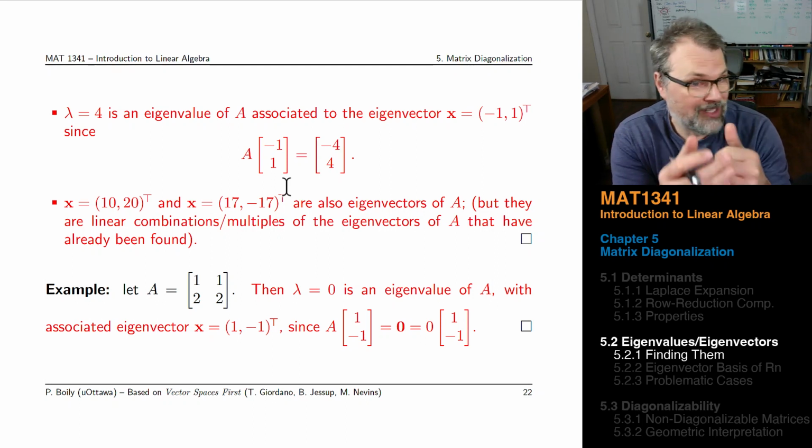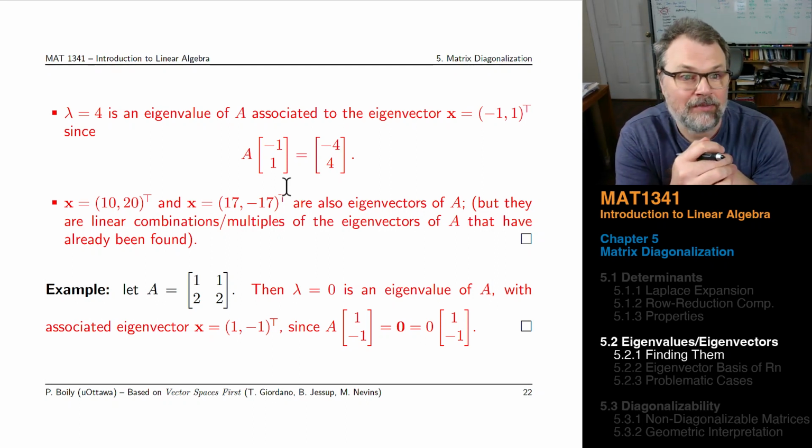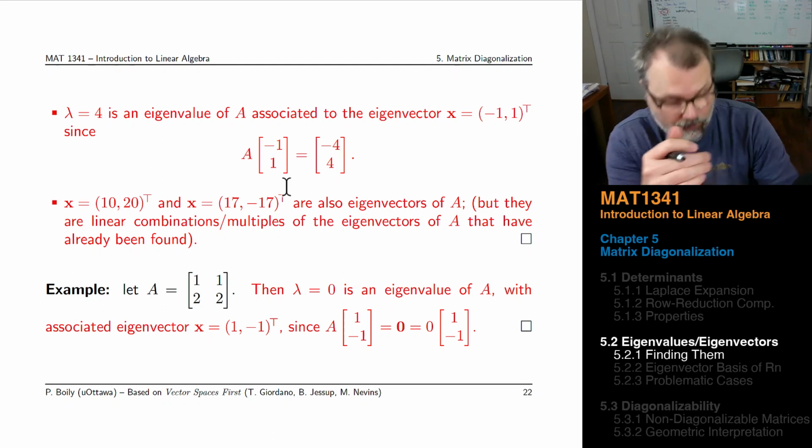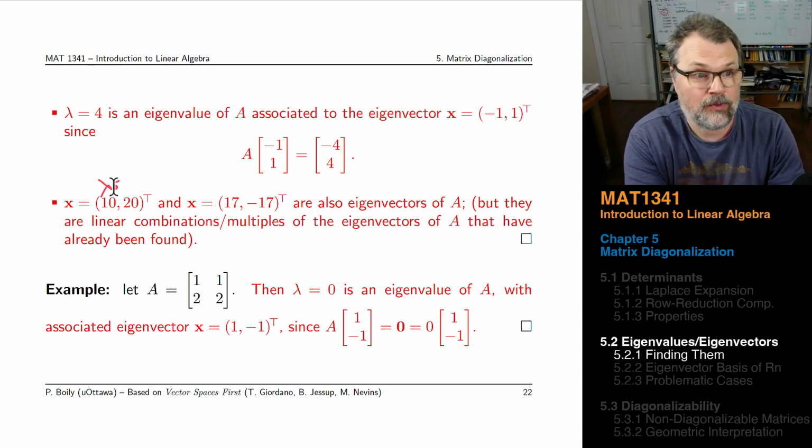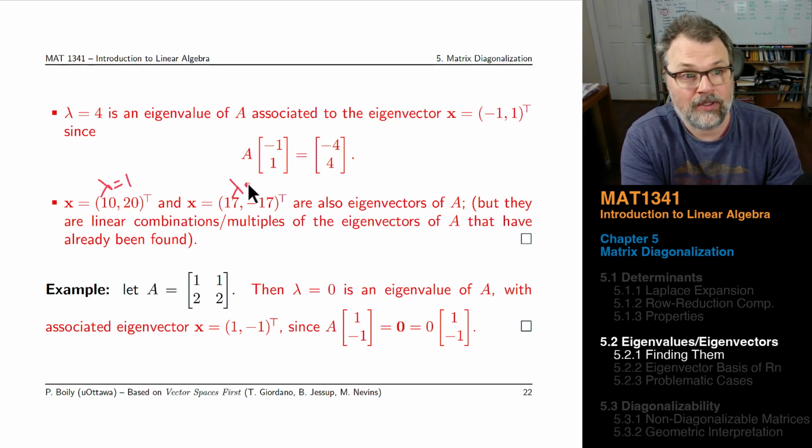Well, the vectors 10, 20, and 17, minus 17 are also going to be eigenvectors of A. The first one will be an eigenvector of A associated with lambda equals 1. The second one with lambda equals 4.